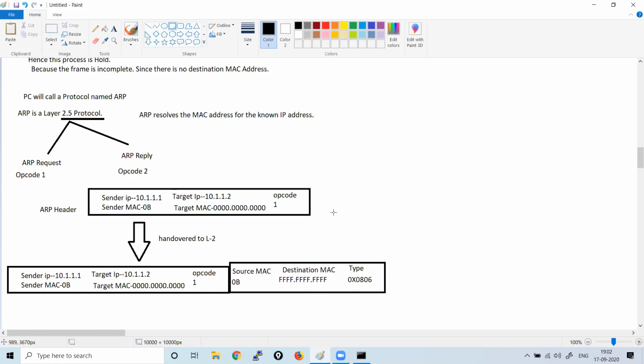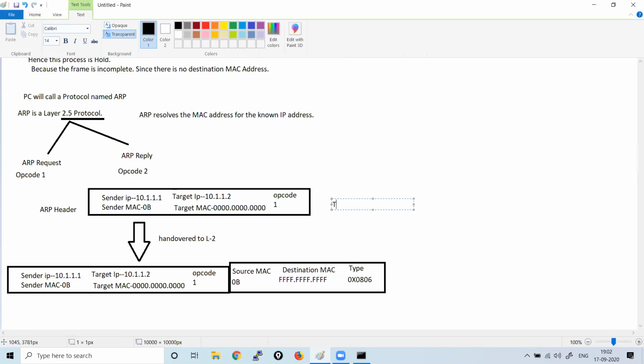So once again, I will write those type values for you. If it is given by IP version 4, what would be the type? 0x0800. If it is given by IP version 6, the value would be 86DD.